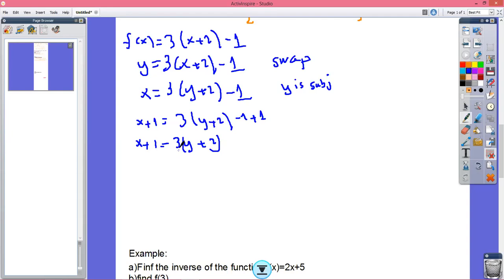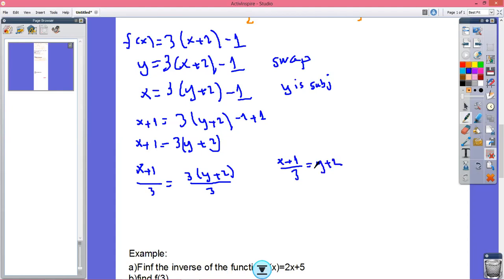We are going to divide both sides by 3. X plus 1 divided by 3 is equal to 3(Y plus 2) divided by 3. Now from here I can write X plus 1 divided by 3 is equal to Y plus 2.